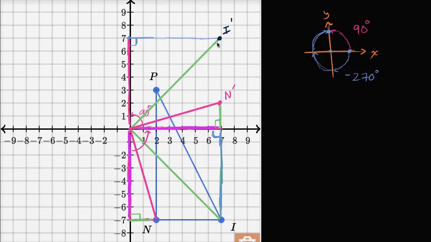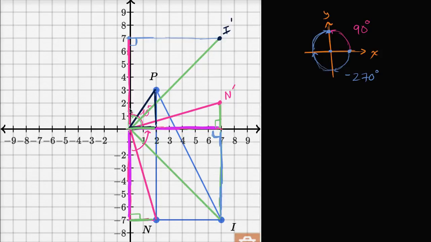So we know where the image of I is, the image of N is. So now we just have to think about where the image of P sits. And once again, we can do our little right triangle idea. So let's draw a right triangle. Just like that, I can draw that side, and I can do this side right over here. If I were to focus on this right over here, and rotate it by 90 degrees, instead of going 2 to the right, it's going to go 2 straight up.